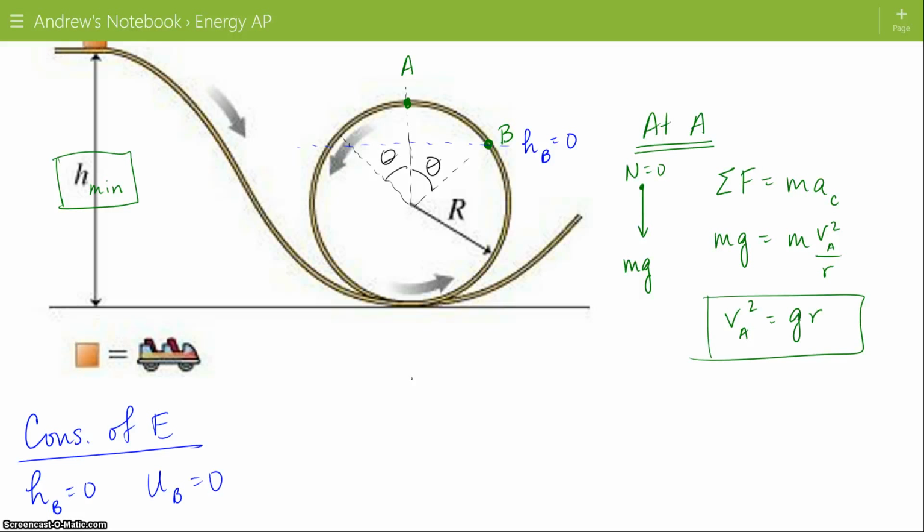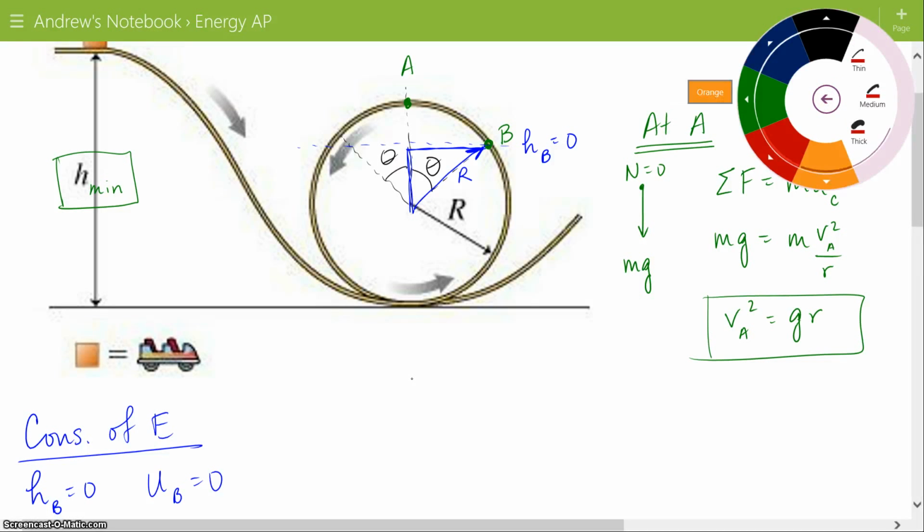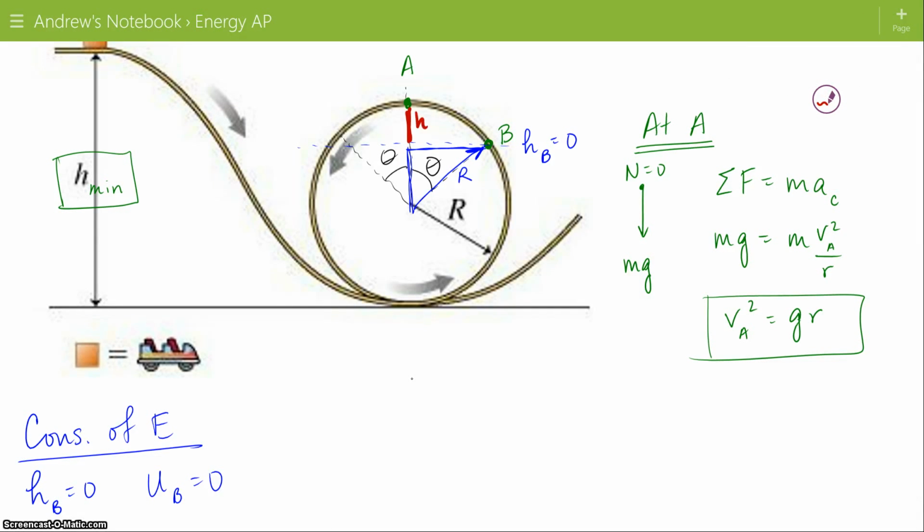Well, this whole distance in the diagram is R. And you can see that we've got a right triangle here with theta as one of our angles. The height above our reference line right here, that's the height at point A, right? That is going to be the total radius R minus this portion here, which is the cosine part of that leg.